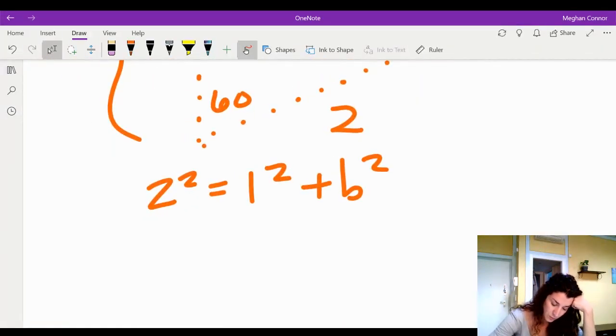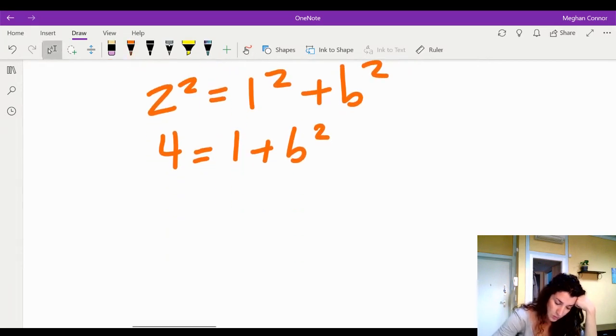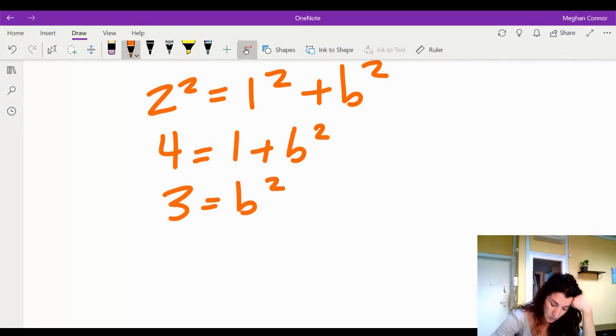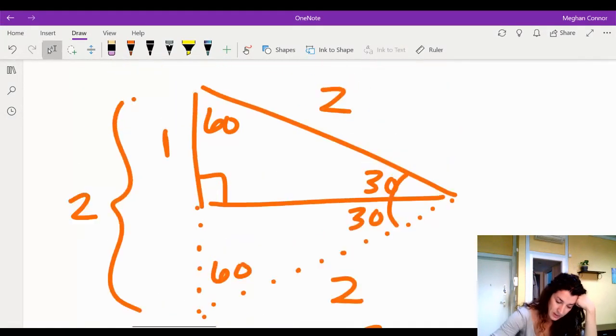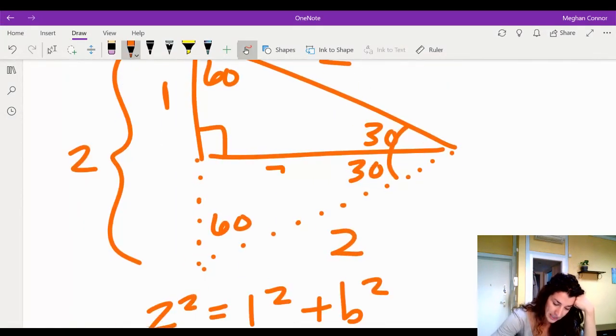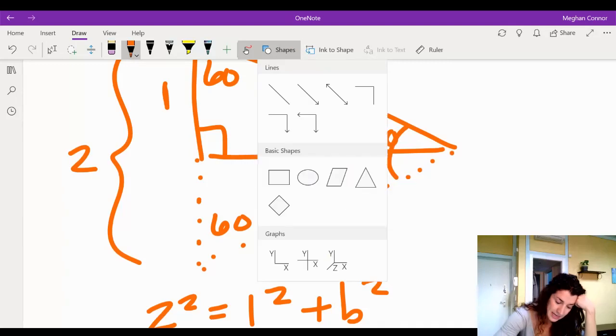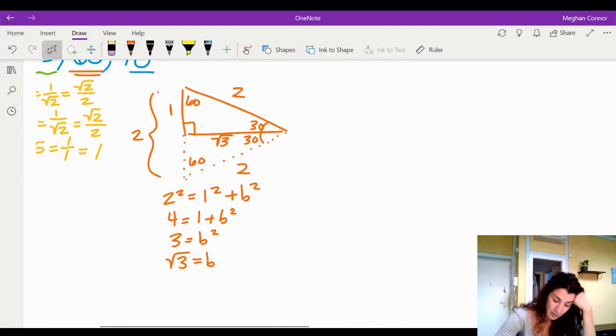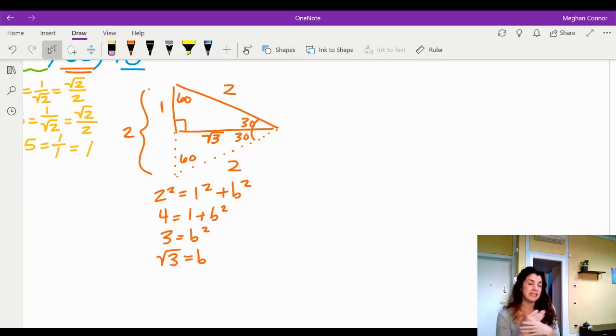So that's 4 equals 1 plus b squared. So that's 3 equals b squared, which means that the square root of 3 equals b. Going back up here and placing that number where it belongs, now I've got all of my side lengths represented, and now I can find sine, cosine, and tangent of 30 and 60.